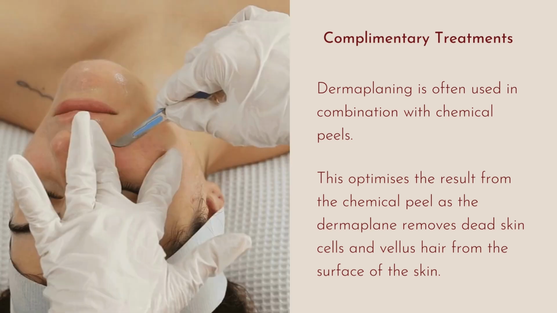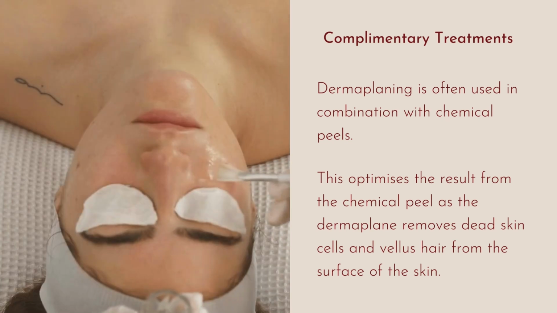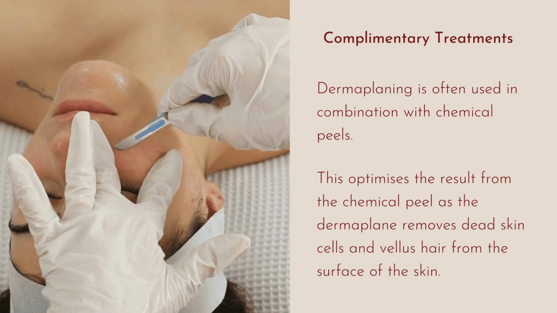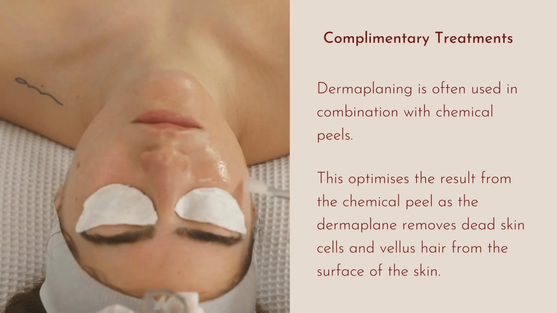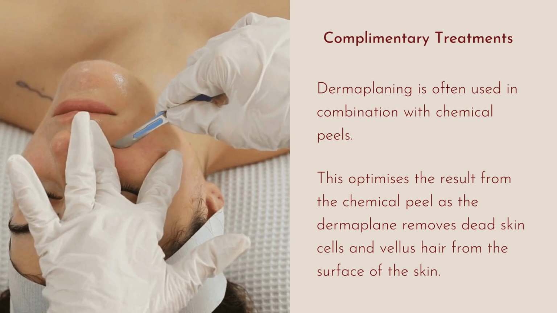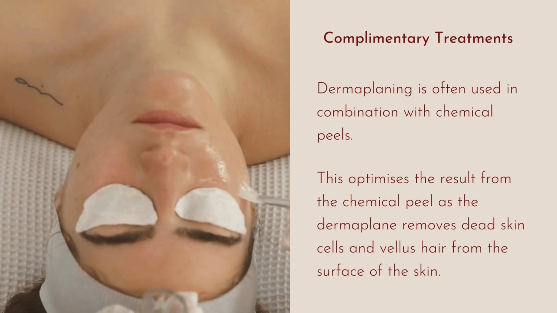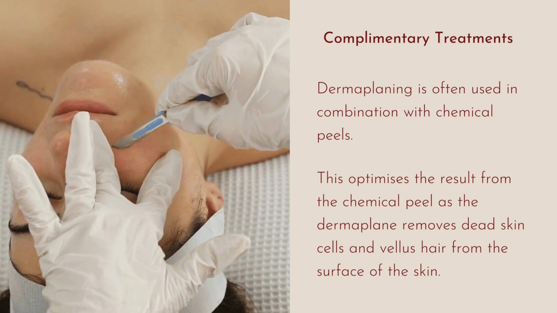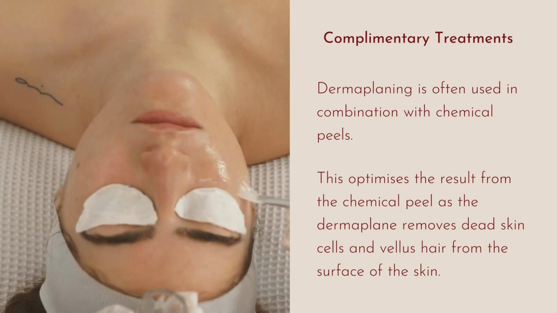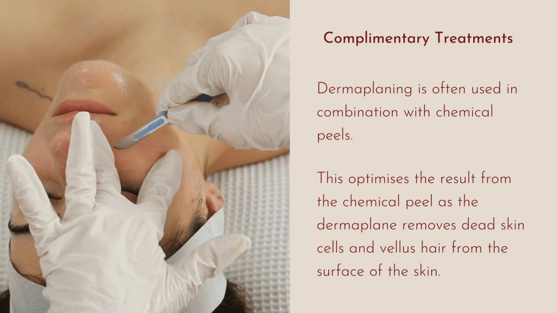Then when you put the chemical peel on top, now your chemical peel has a lot more penetration into the skin, as there are no dead skin cells on the surface of the epidermis. So then the chemical peel's results will be optimized, and the peel will have a lot more skin penetration rather than not having the dermaplaning done.